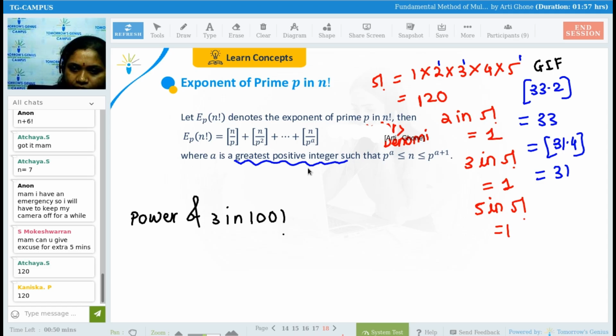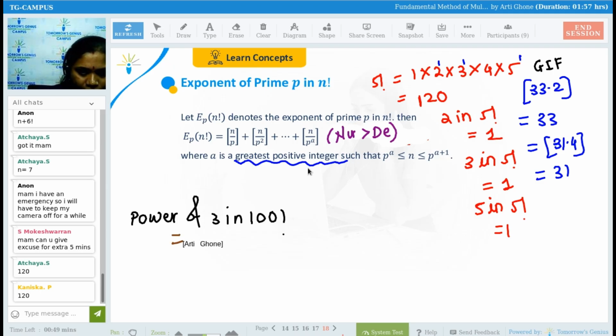So you have to remember, this procedure must be continued unless the numerator is less than the denominator, and then stop. Clear? Okay, then stop. We'll take some simple figures first. 3 in 100 factorial.